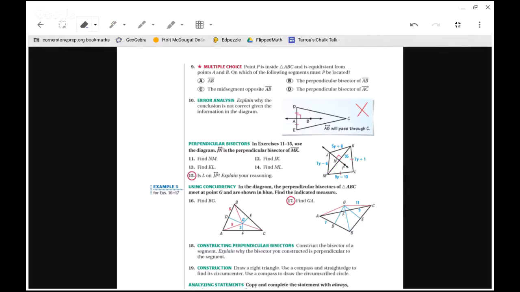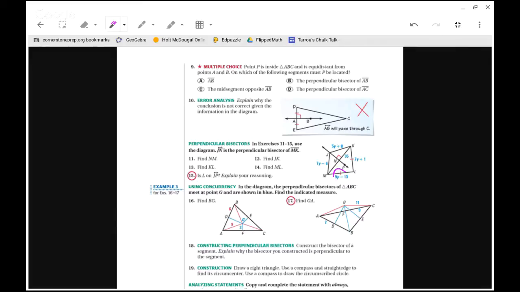We see that JN is perpendicular to segment MK, and we can tell that it would be a perpendicular bisector because it's equidistant from the endpoints, as noted.